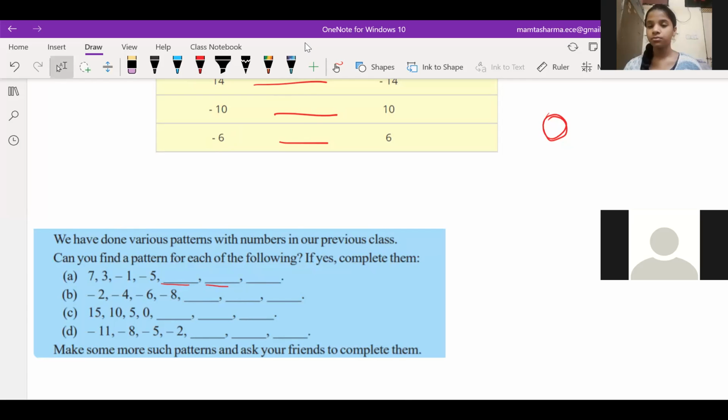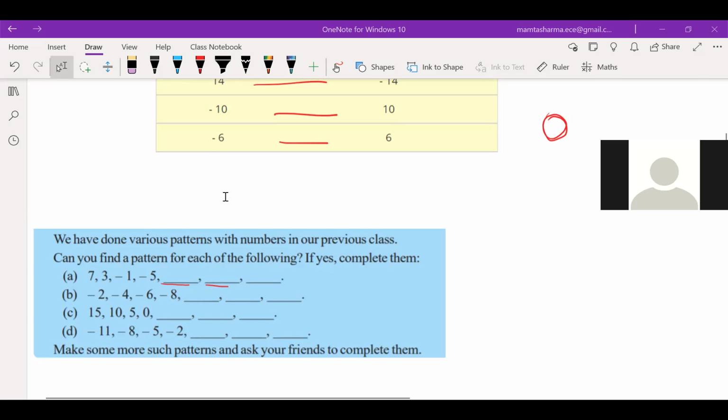Wait, lower your hands. Who has completed? Who has not completed? Who is unable to solve it? Please raise your hand. Aditi.